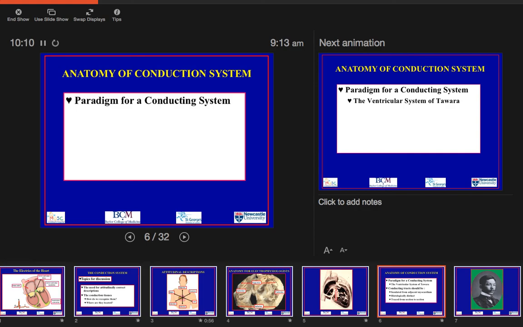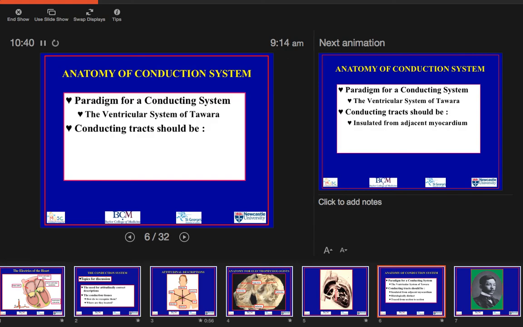There have been a lot of controversies with regard to those that conduct the impulse through tracts. So the paradigm for a conduction system, we now recognize, should be the ventricular system of Tawara. Tawara was the young Japanese who in 1906 came to work with Ludwig Aschoff in Marburg in Germany, and he described the tract I'll show you in just a few moments.